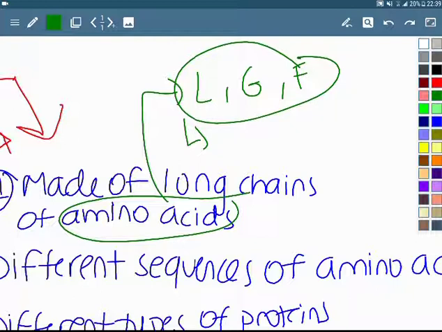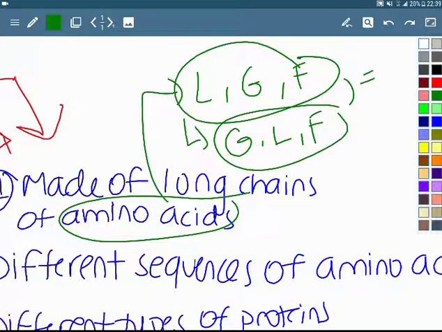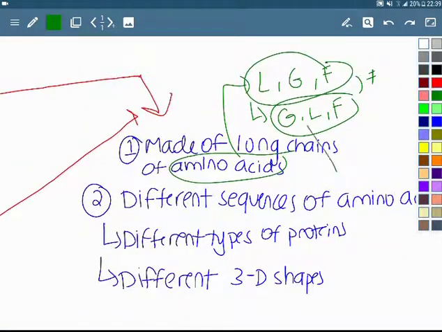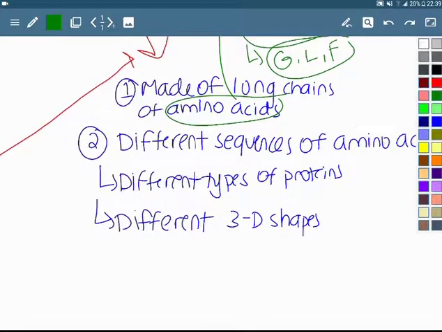If I make GLF, it's going to be a different protein. They're not going to be the same. They're different proteins. That's basically what it means. Different sequence of amino acids give different types of proteins with different 3D shapes. Okay? Now, that's done.